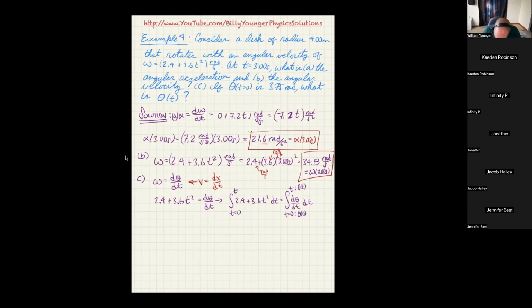When I integrate that, it's going to become 2.4t plus, that's going to integrate to 1/3 t cubed, and of course 1/3 of 3.6 is 1.2, so this is going to become 1.2 t cubed. And that's going to be evaluated from t equals 0 to t.